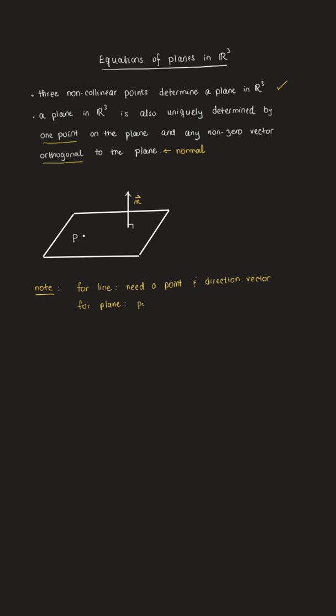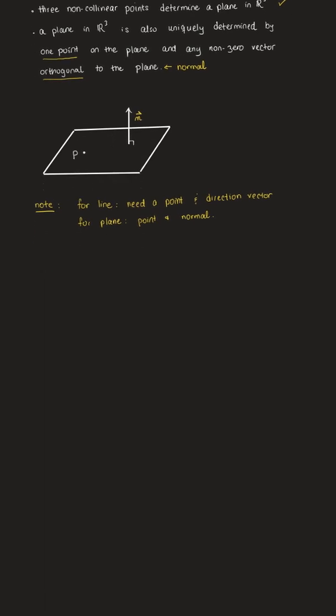So we need a point and the normal. Now, sometimes we may not be given the normal, but if we have 3 points on the plane, we can find the normal because we know how to use the cross product. So let's continue and actually figure out how to get an equation of the plane.